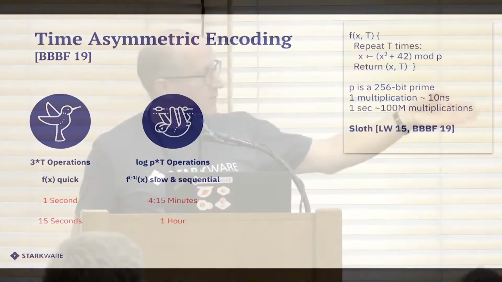So the difference that you get is this log p factor, roughly. And practically, if you spend 4 minutes, sorry, this should be 2 minutes, it's a typo here, then it will take you 1 second to verify.